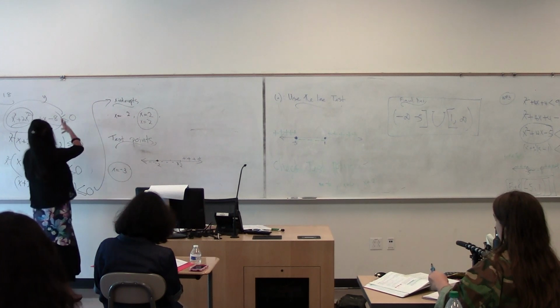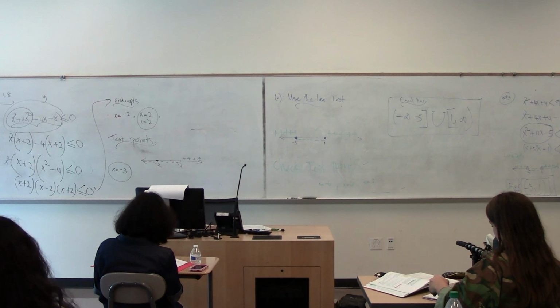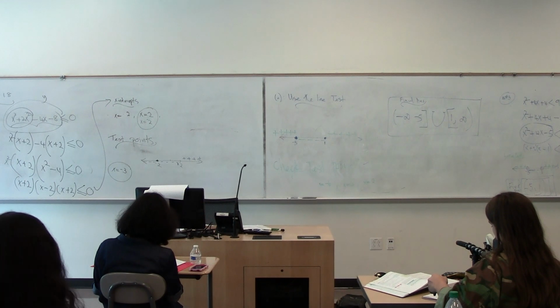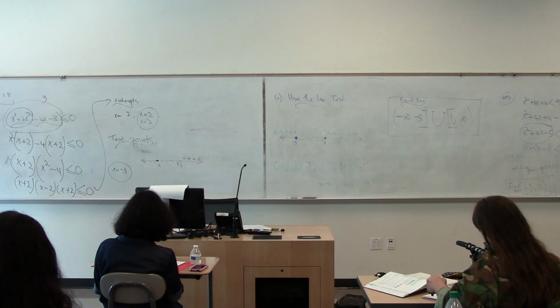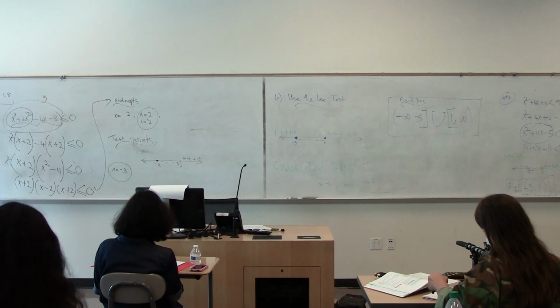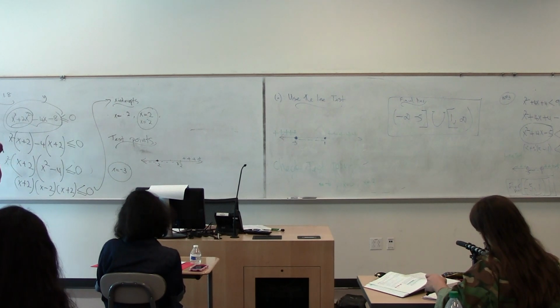Now we go back to the graph and look at the given problem. Sharon, can you tell me what we are looking for here? Well, you want the negatives. Yes, very good. We are looking for the y value where the graph is less than 0, negative.